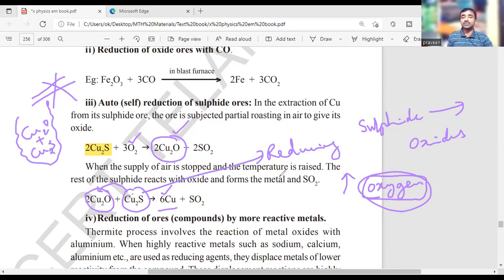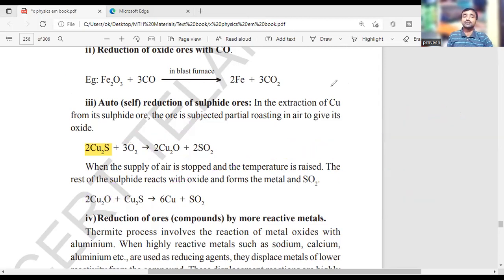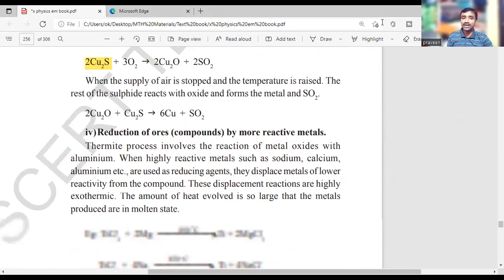The remaining process will be carried out after stopping the supply of oxygen. So that's why it is called self-reduction or auto-reduction.